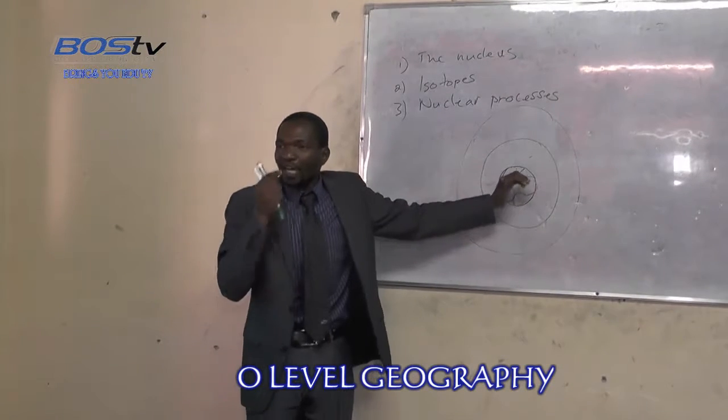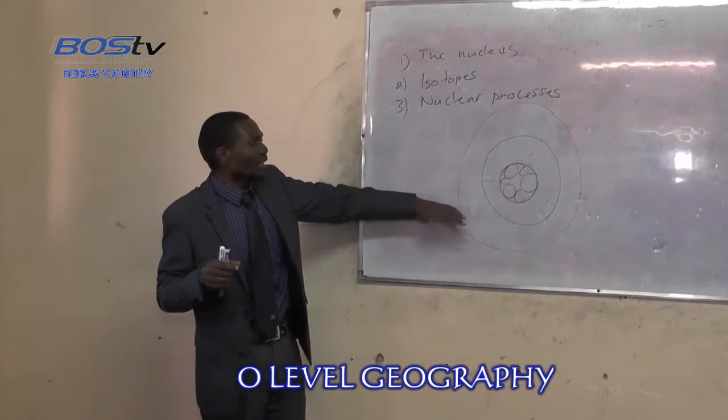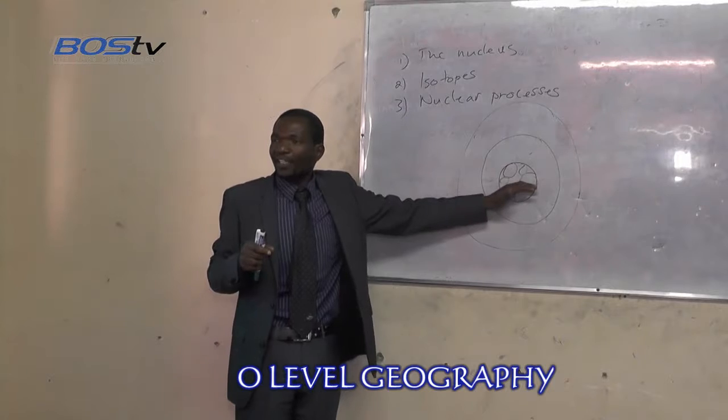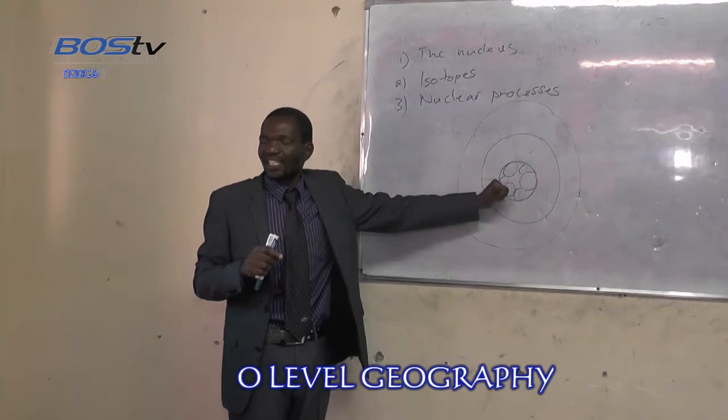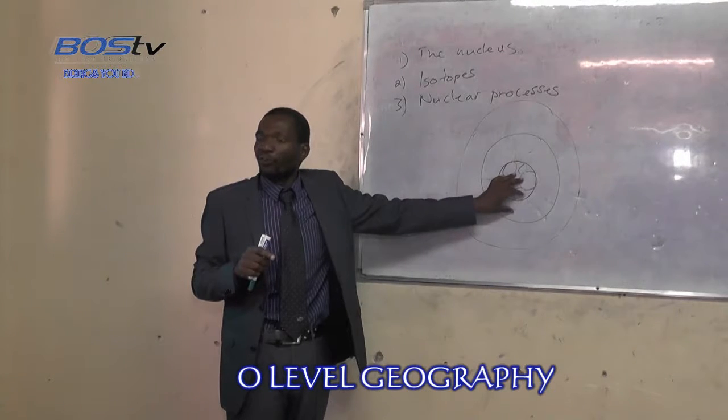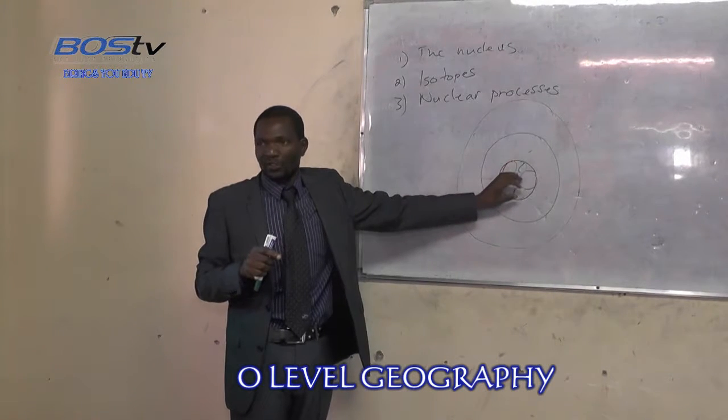But now, it happens that we can have two or more atoms having identical proton numbers but a different number of neutrons. Are we together?